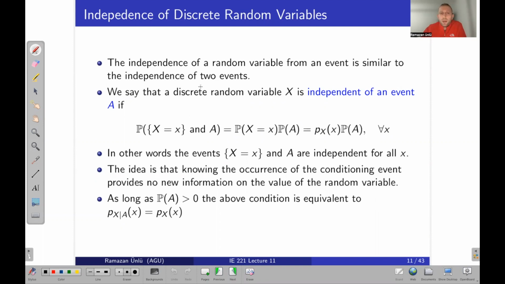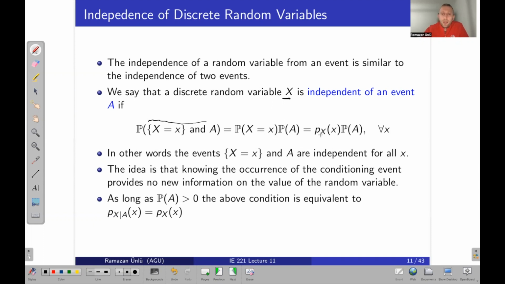We say that a discrete random variable X is independent of an event A if the probability of X and A, meaning the two occur at the same time, is equal to the probability of X times the probability of A.